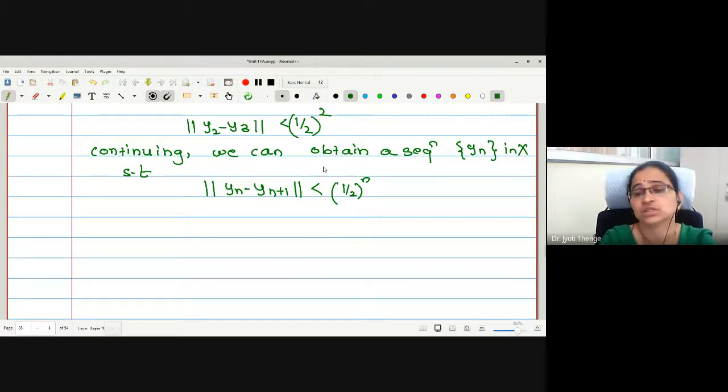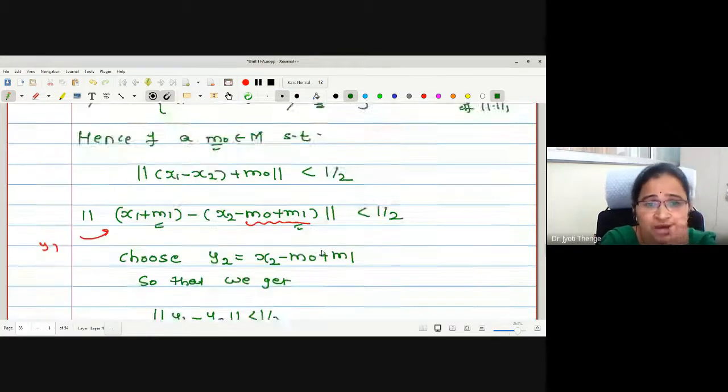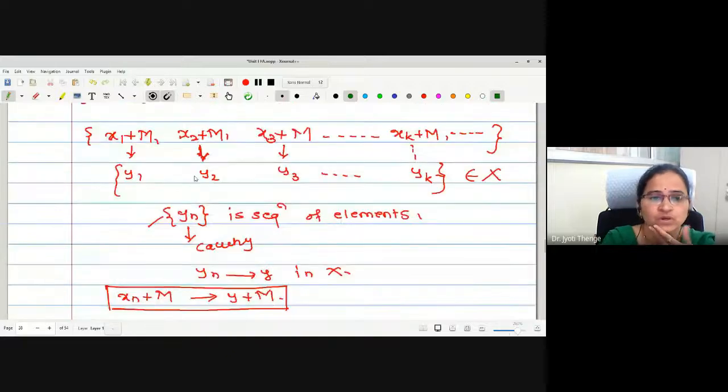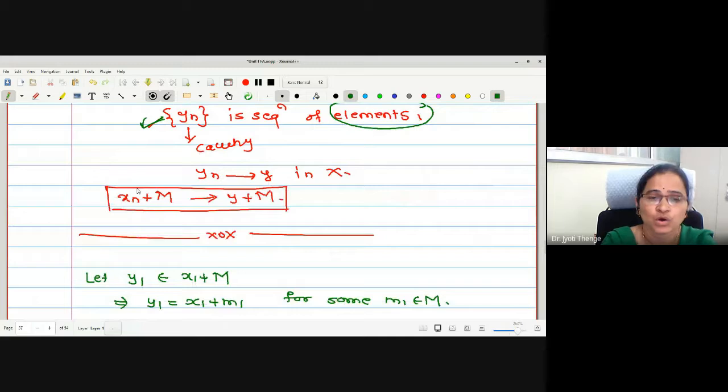Now this is a sequence of elements. Now we have it like this, which I told you. Selecting one element from every set, we get yn as a sequence of elements, not sets. Okay, now we will show that this is Cauchy.